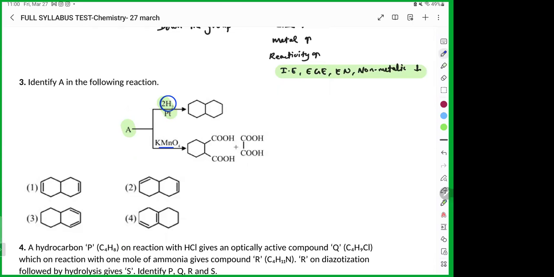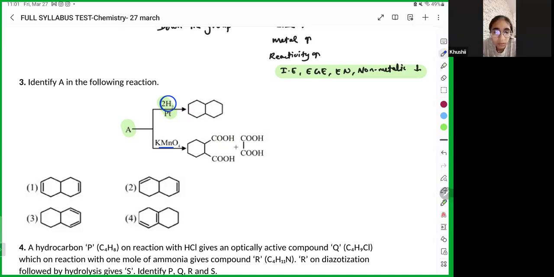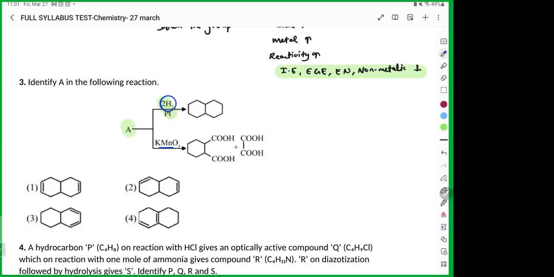So a small question, tell me your answer. Third option. Third option.